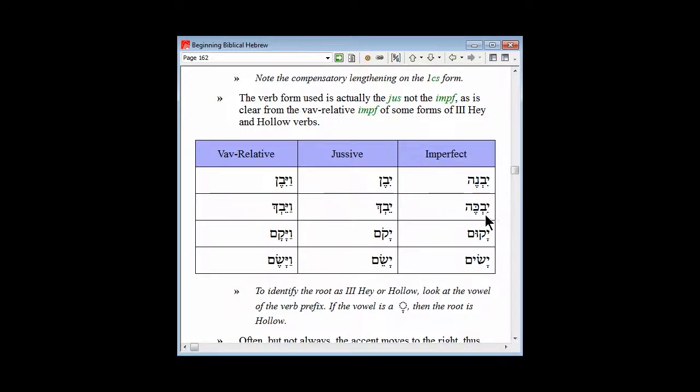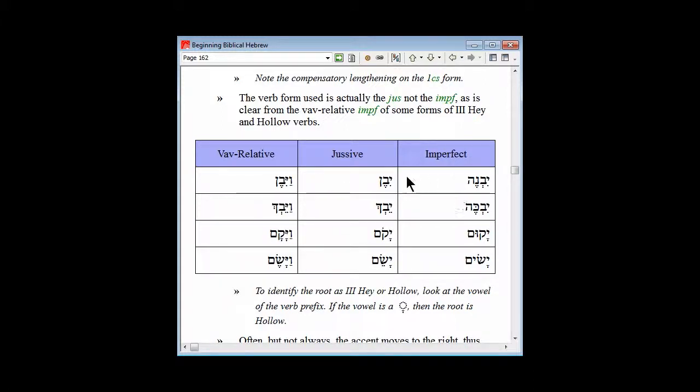Third hey: yivne, yivke. Then we have hollows: yakum, yasim. These are hollows. These are our third hey examples. The jussive, of course, abbreviates the vowel. We have yiben, that's an abbreviated form. We don't have the segol hey at the back. Yeven, yakom, yasem.